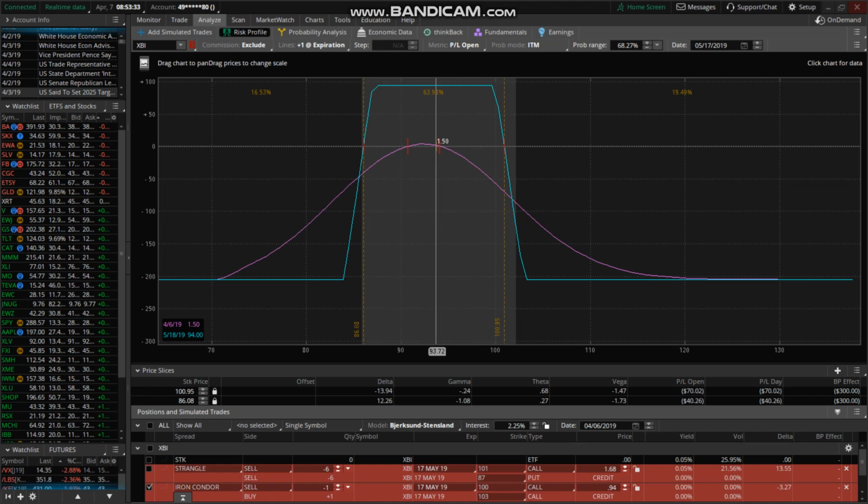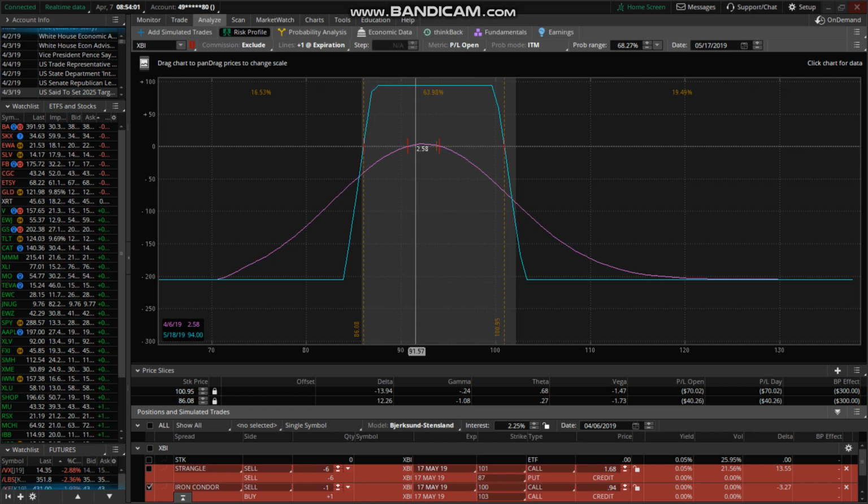There are ways you can make this a higher probability of success. This is a sweet spot right here. We have it set around 1 standard deviation, which is roughly a 20 delta or so.